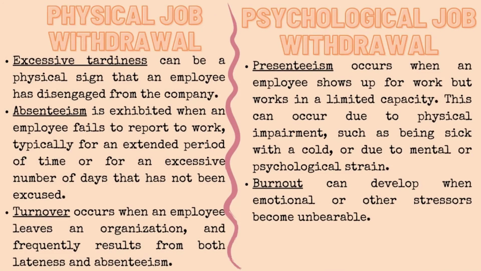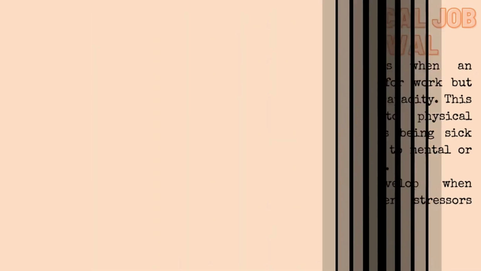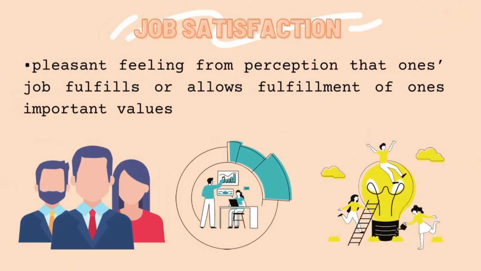Physical and psychological job withdrawal is a disengagement from the organization that usually happens when employees are psychologically and physically displaying absenteeism and leaving. It is a primary responsibility of the organization to learn whether employees are satisfied with their jobs through measurement of job satisfaction, as any combination of psychological, physiological, and environmental events that cause a person to truthfully say that they are satisfied with a job.